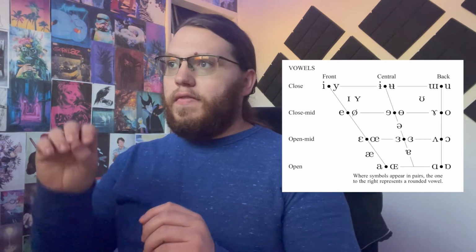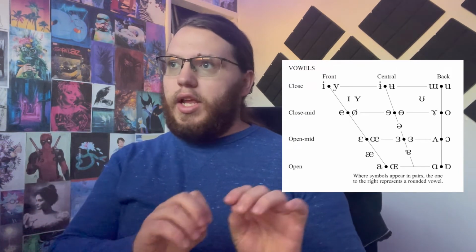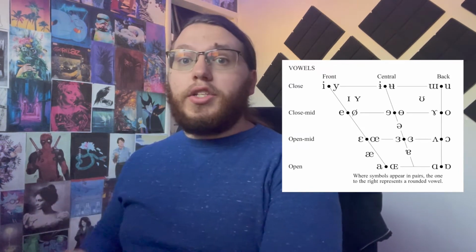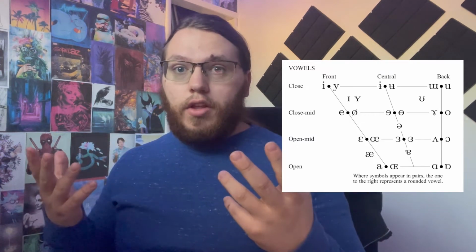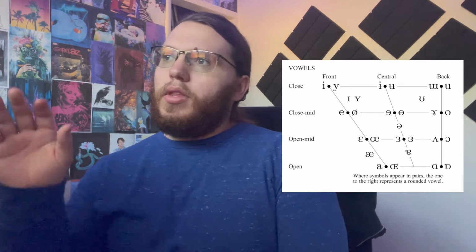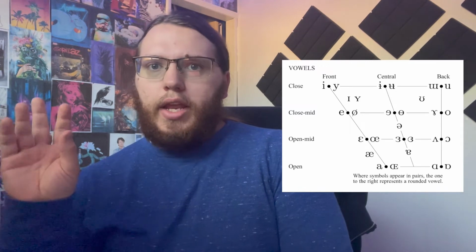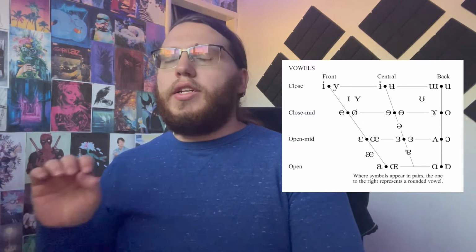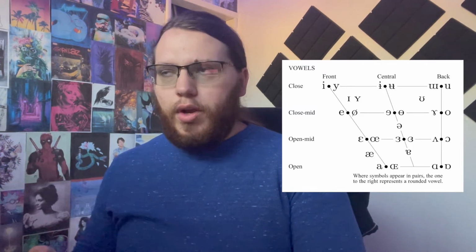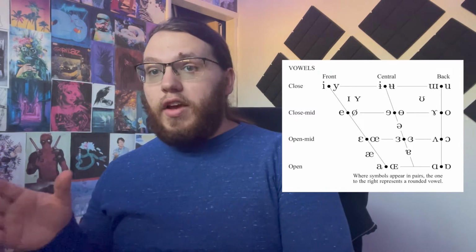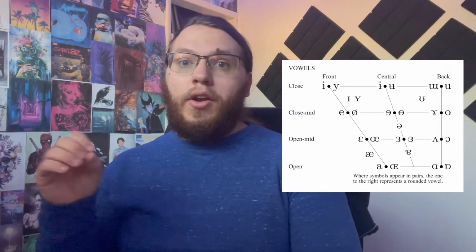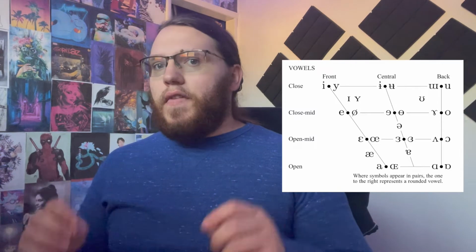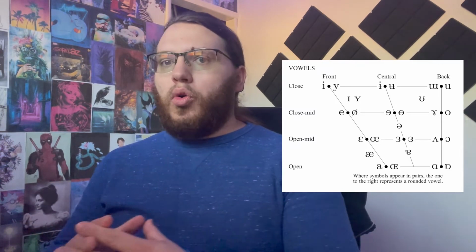And the vowel sounds are placed in their rough place of articulation of the oral cavity. And just like with the consonants, where each consonant sound had a pairing of voiceless and voiced, the vowel sounds have pairings of round and unround. Any vowel can be either round or unround.